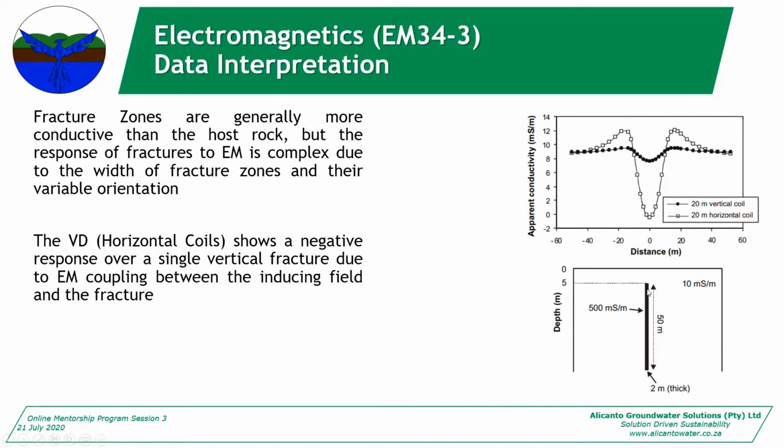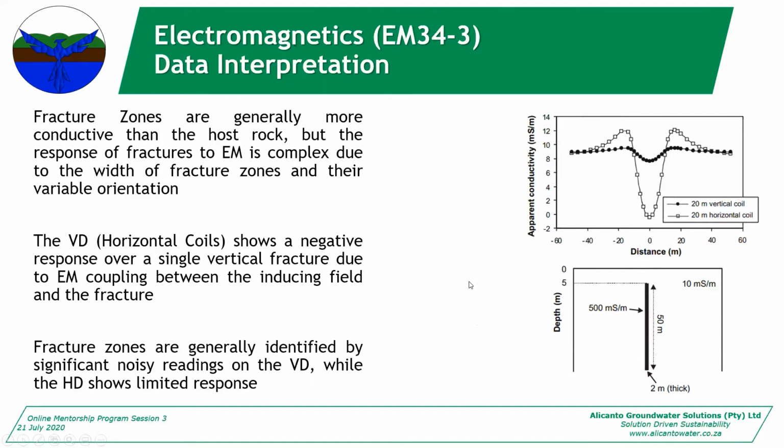So if you've got your fracture here, you see the horizontal, like you were saying, doesn't really do much, but your vertical will show this. This is with a single fracture, but we don't often get just a single fracture in the real world. So your fracture zones are typically identified by your significant noisy readings on the vertical dipole, while your horizontal dipole is quite limited in its response.